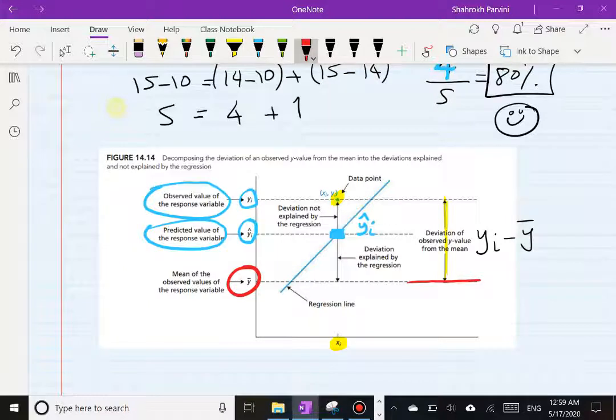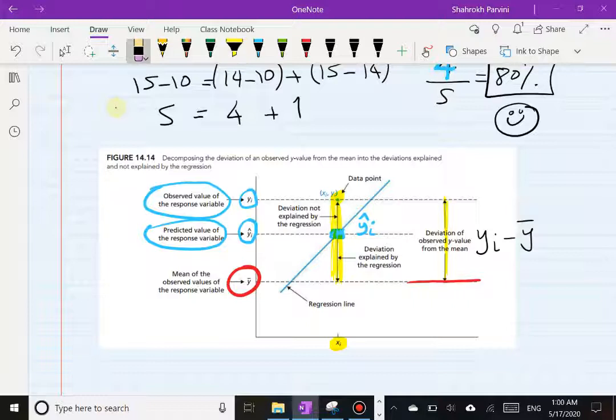So that distance is partitioned into two distances. One is given right here by regression, and the other part is actually unexplained. They call it unexplained variation, and this part is explained by regression. That's how they partition this.